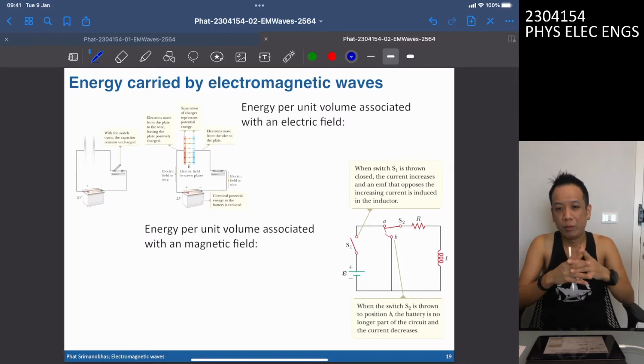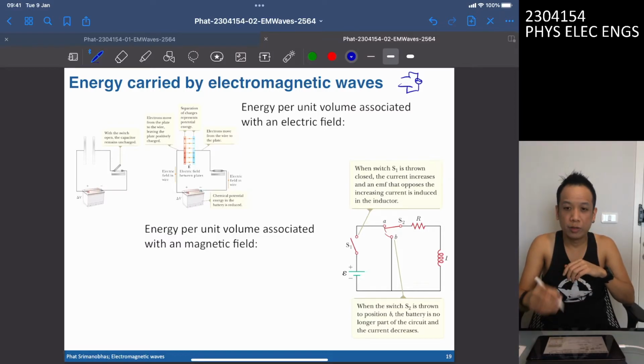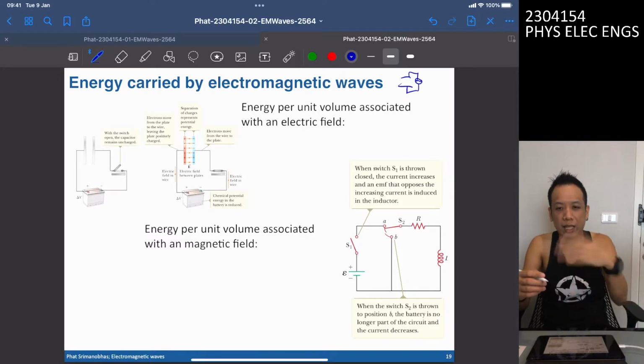I mean, maybe I will just say that it's coming from the oscillation of charge. So when the charge oscillates, basically, like you have a capacitor, and then you connect it to an alternating electrical source, for example, so that the charge can switch.